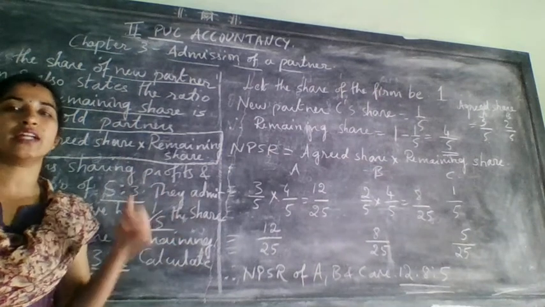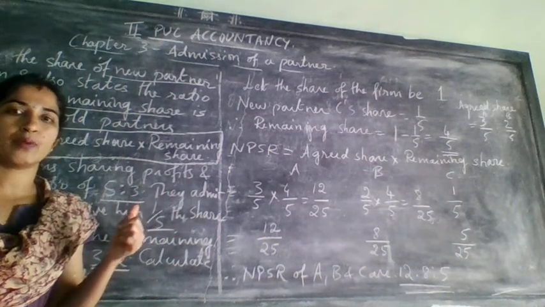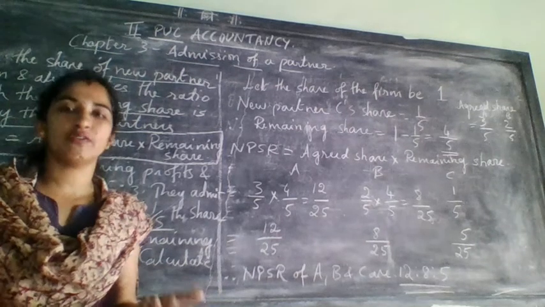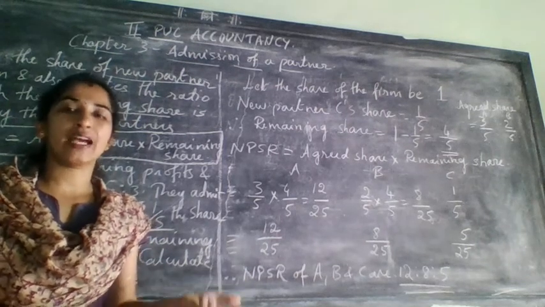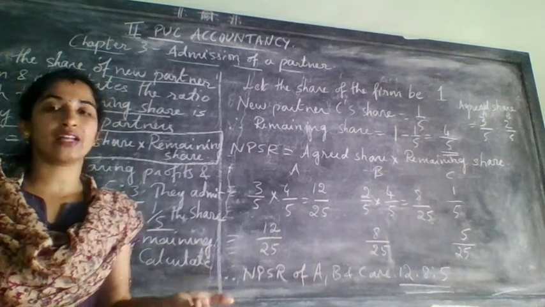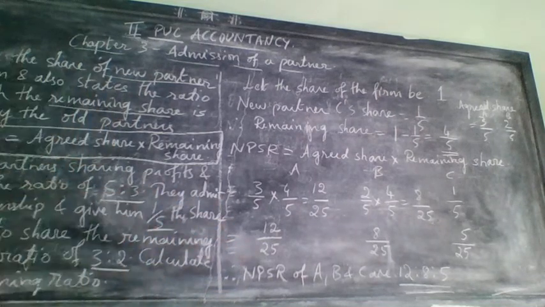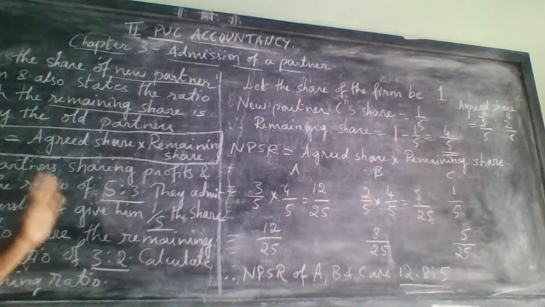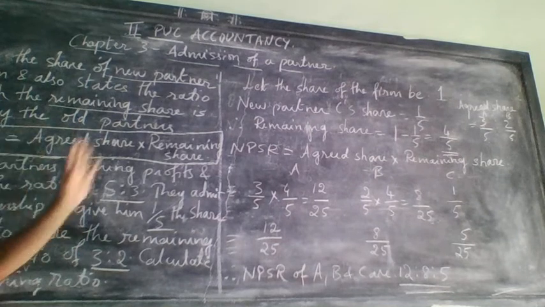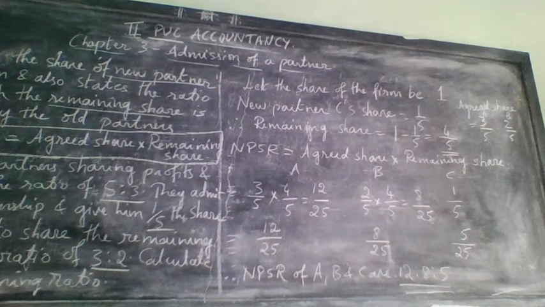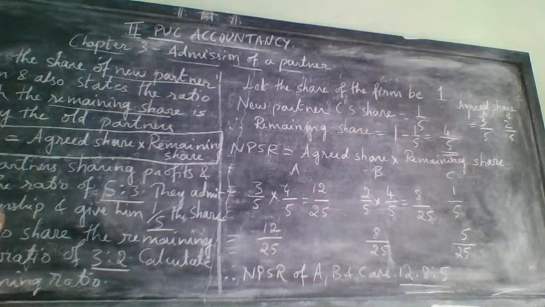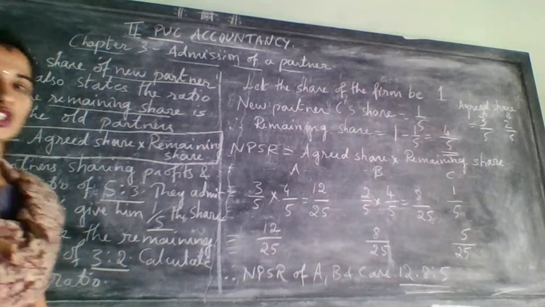Case 2 says that the problem will give the old ratio, the new partner share, and the ratio in which the old partners share the remaining share. When that is given, you need to apply this formula to calculate the new profit sharing ratio.